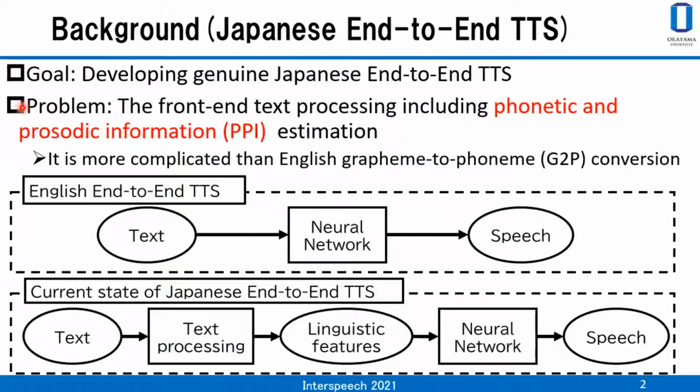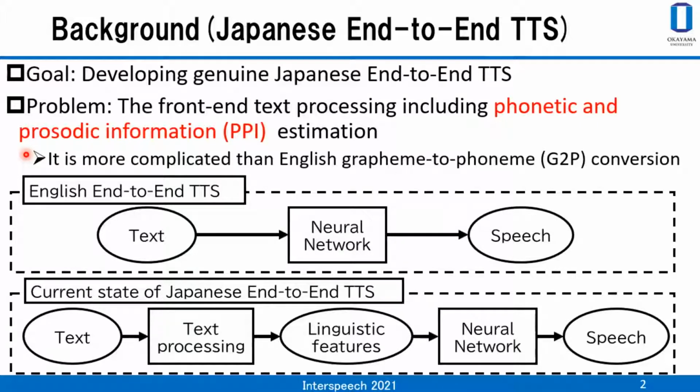However, for the construction of genuine Japanese end-to-end TTS systems, there are still several problems to be solved. The biggest obstacle is the front-end text processing, including phonetic and prosodic information estimation. It is more complicated than English grapheme to phoneme conversion, because this process includes polyphony disambiguation, word segmentation, and accent nucleus shift.